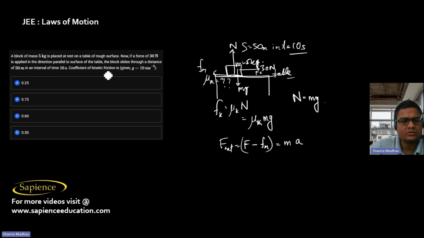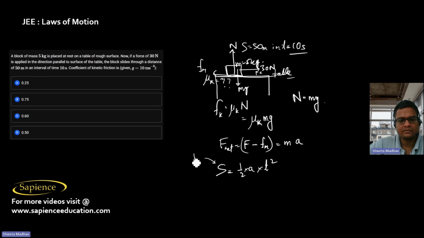Block slides through a distance of 50 meter in a time interval of 10 seconds. So we can say that suppose the block starts from rest only. Then S will be equal to half into a into t square.